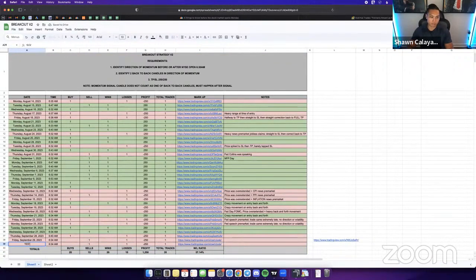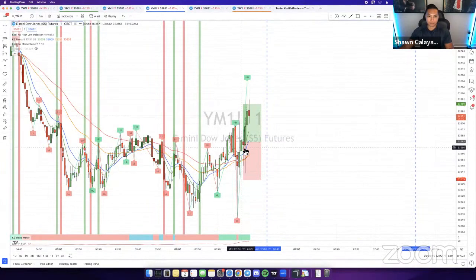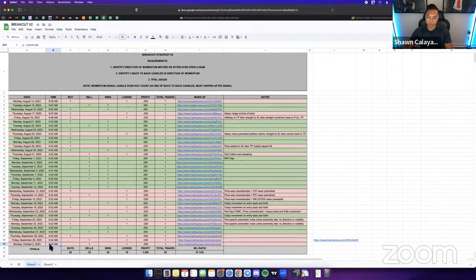So this today is the second. This entry came up, I think, right at open. Entry came up at 633. It was for a buy. It was a win. 250.